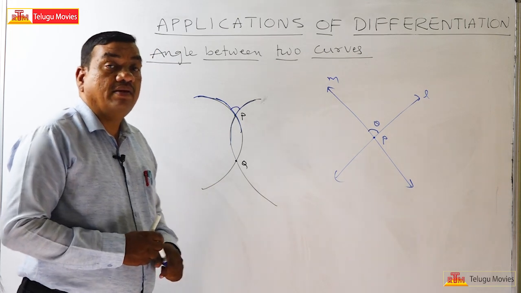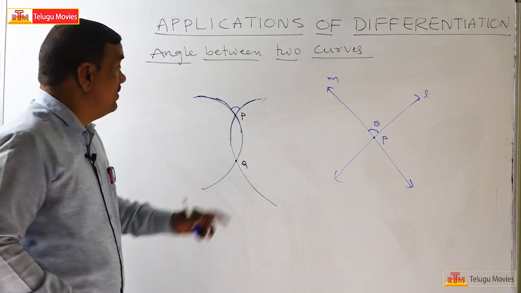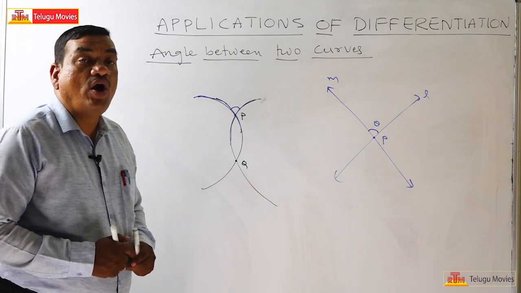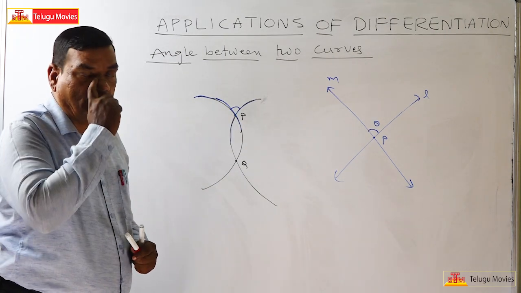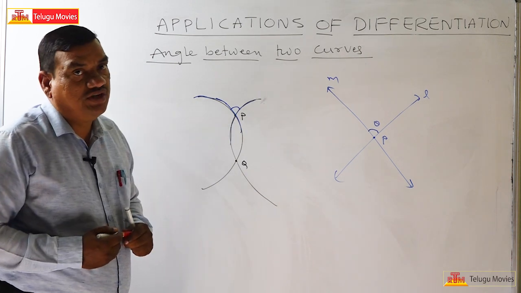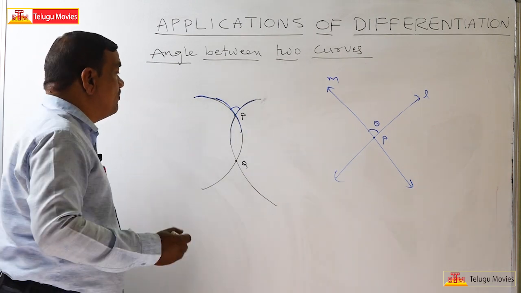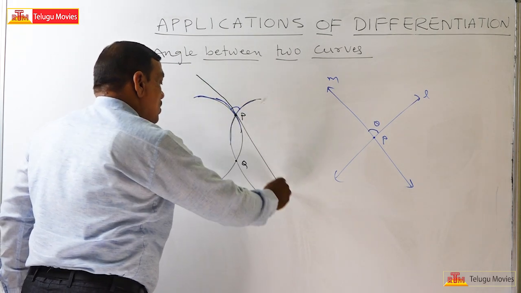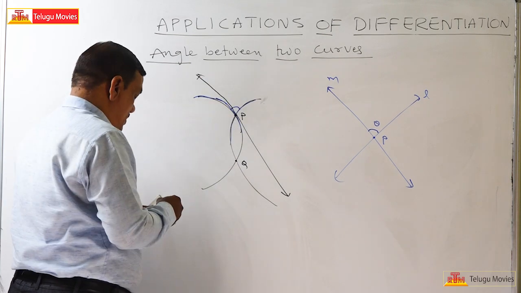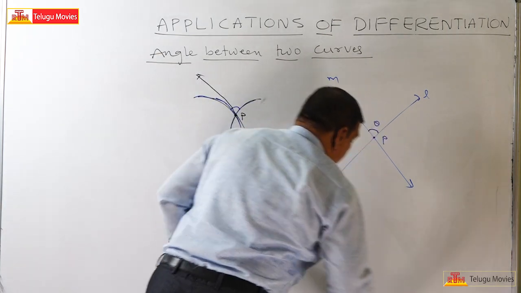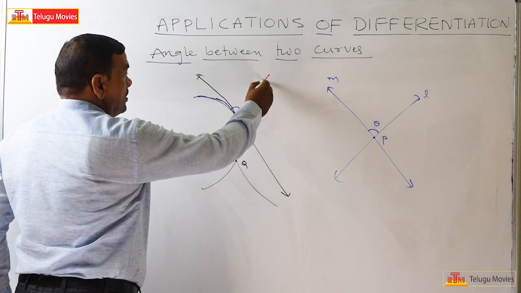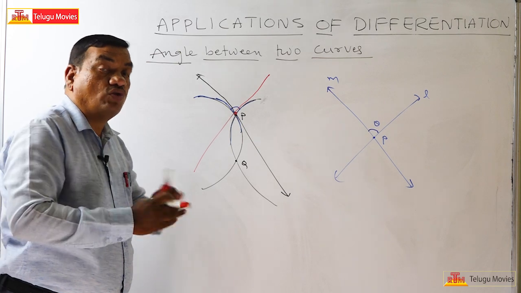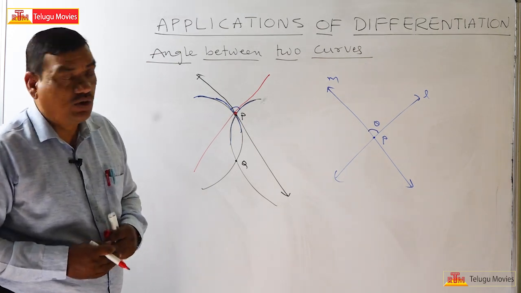So the mathematicians define the angle between these two curves as follows. First identify the point of intersection of the curves. At the point of intersection, draw the tangent for the first curve and draw the tangent for the second curve. This is the point of contact for both tangents.